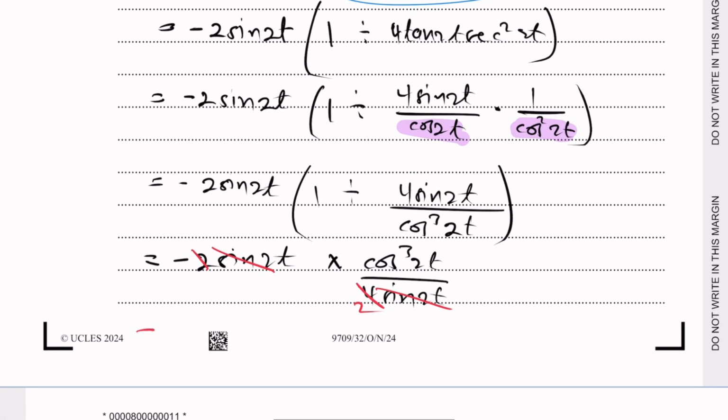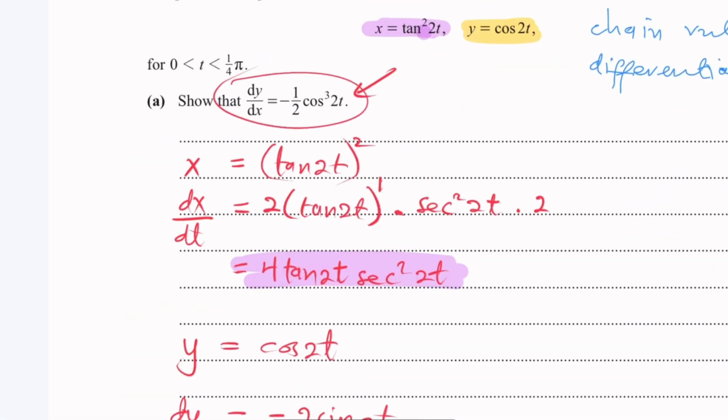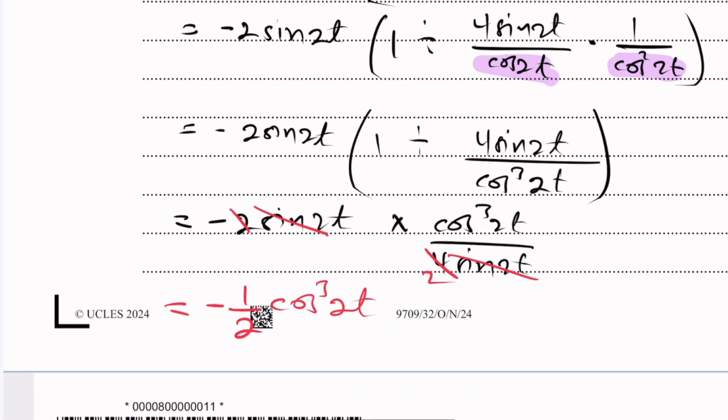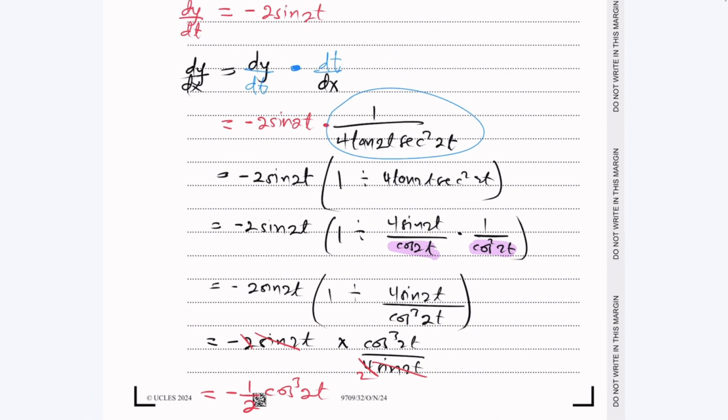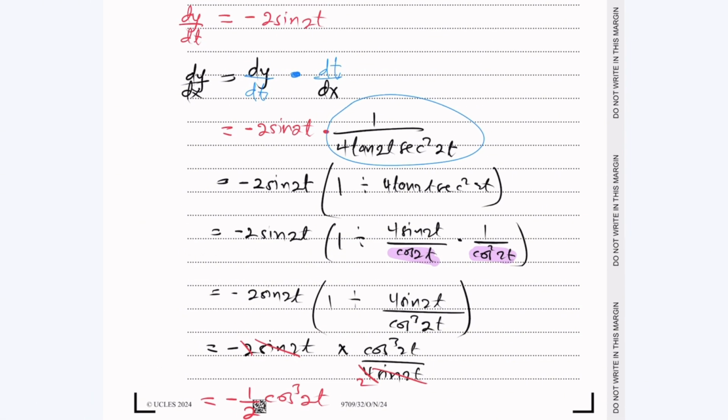So your work is now negative half cos cube 2t. And if you check, that's what they wanted us to prove. And that is what we have proven. All right. So that's how it's done. It's not that difficult. You just have to be okay with differentiation, really.